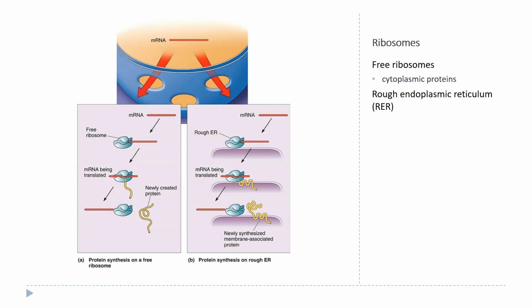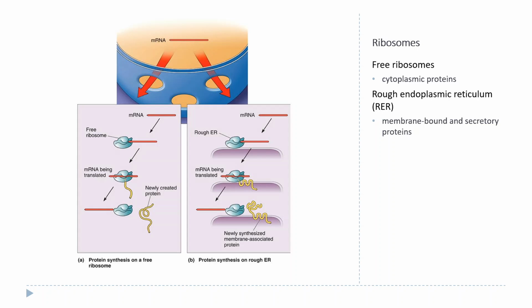And then the rest of the ribosomes are attached to another organelle called the endoplasmic reticulum. In fact, endoplasmic reticulum that has ribosomes on it is called rough endoplasmic reticulum because if you look at it under the electron microscope, the ribosomes make little bumps on the surface. Those ribosomes make proteins destined to either be part of or embedded in the cell membrane or secreted out into the extracellular fluid.